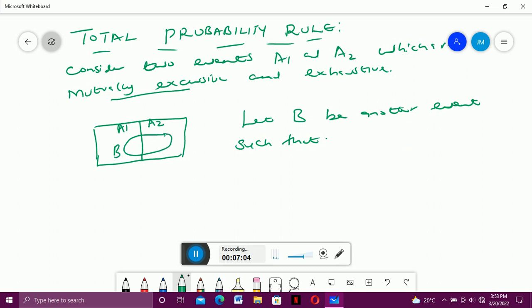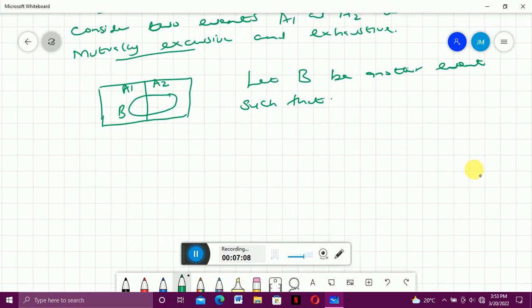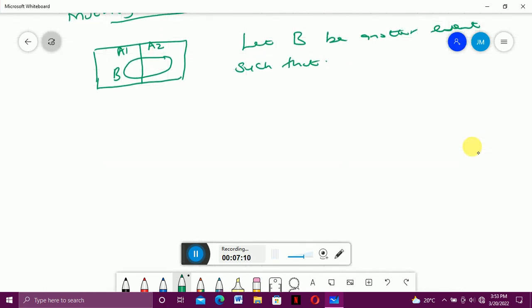It is partly in A1 and partly in A2. So B is an event such that set B is given by set A1 intersection B plus set A2 intersection B.